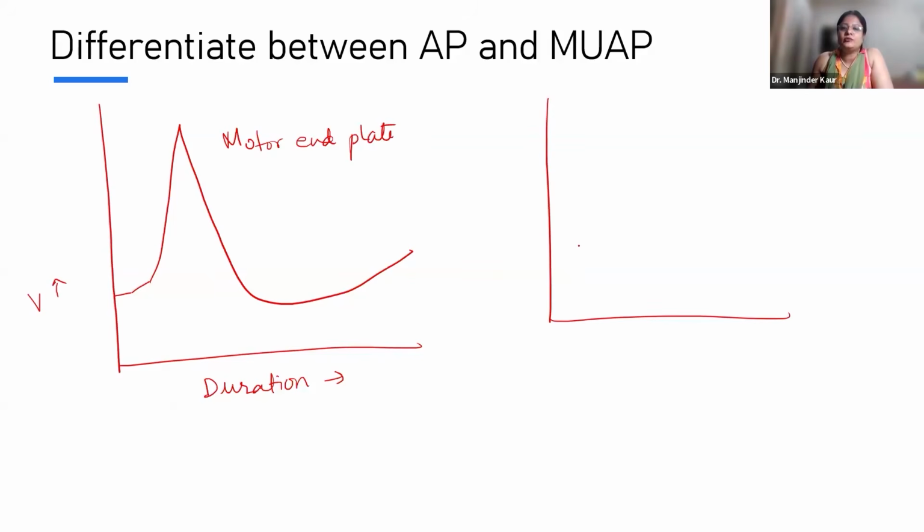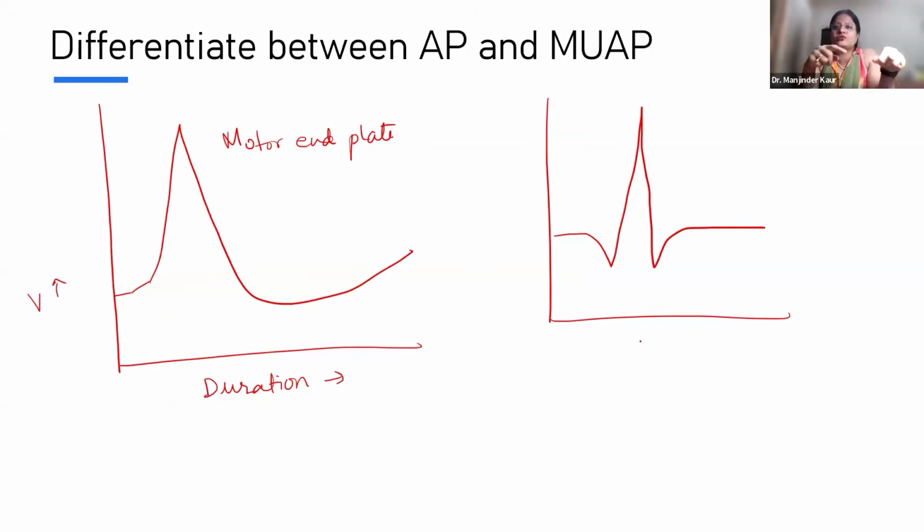And we have the motor unit action potential, which is a triphasic action potential. Could you please differentiate between these two action potentials? Here, I will take a slight pause and I'm waiting for your responses. Let's differentiate. Is there any difference?